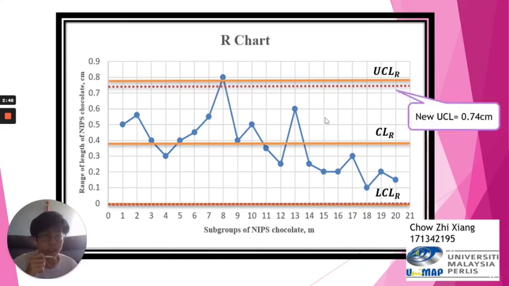You can see the dotted line indicates the new upper control limit, which is equal to 0.474, whereas the lower control limit here is still the same, equal to 0, same as the original. Compared to the original one, it is lowered a bit after this sample is removed.